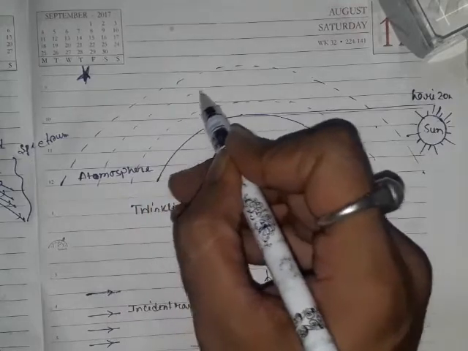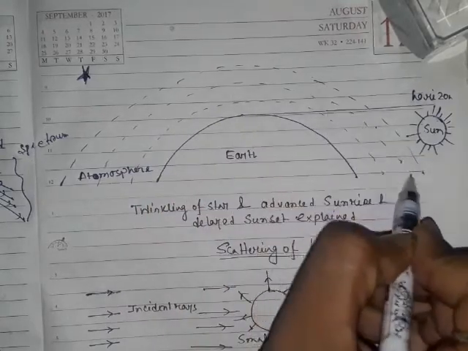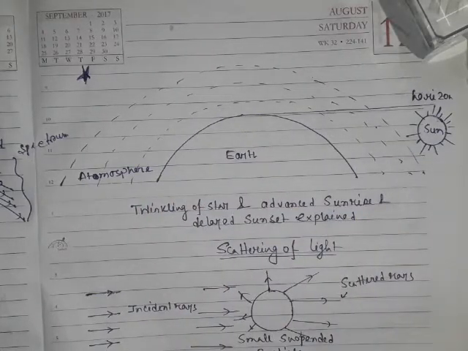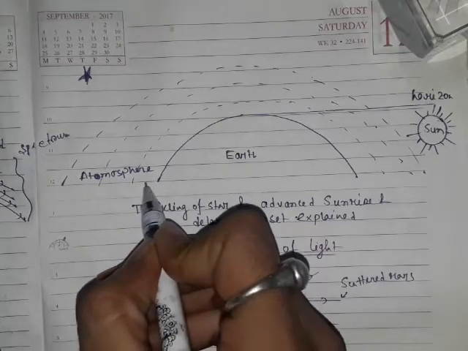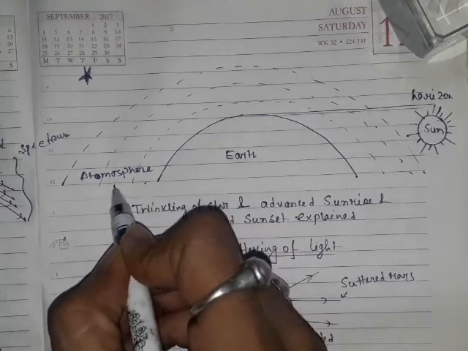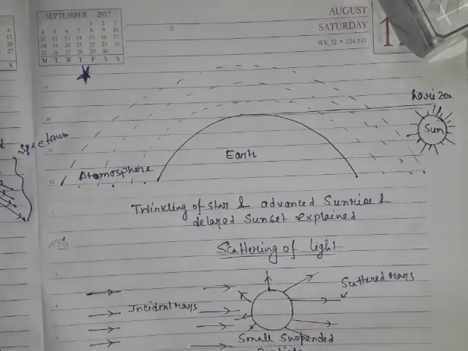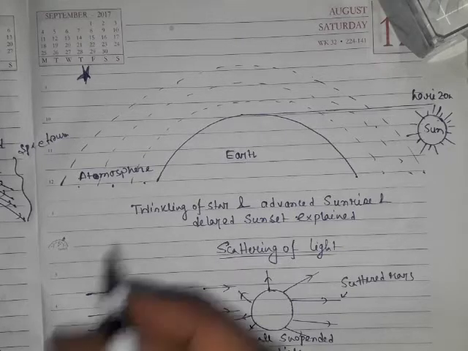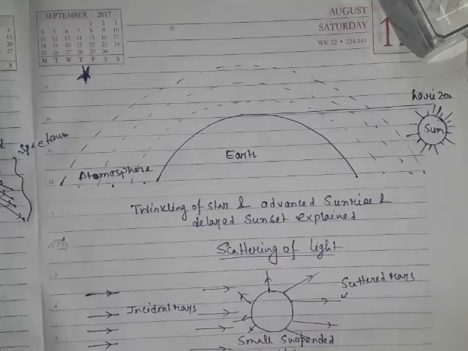The layer very close to the earth has the higher density. So this is denser than this one, and this is denser than this one. As you go out, the density of the layers falls, that means you get a rarer medium.